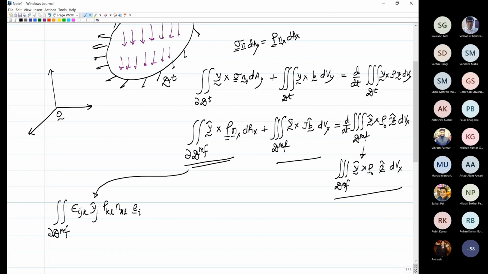So that's the indicial form of y cross P nx multiplied with dax. Then you have to apply Gauss divergence, and this would simply become integration over the volume, d ref, with the divergence. You have to first identify what is a vector which is dotted with n, and then you apply the divergence.